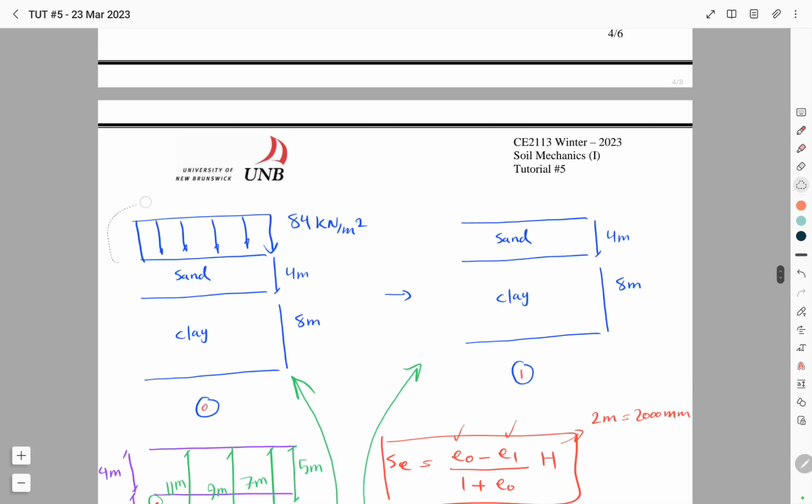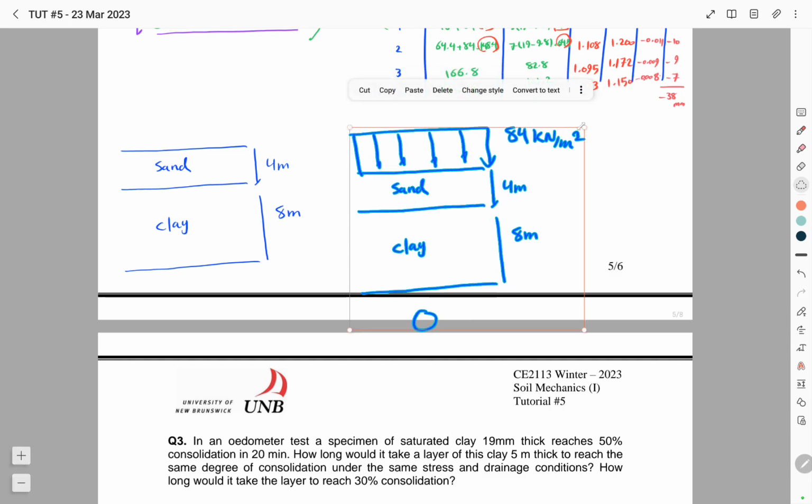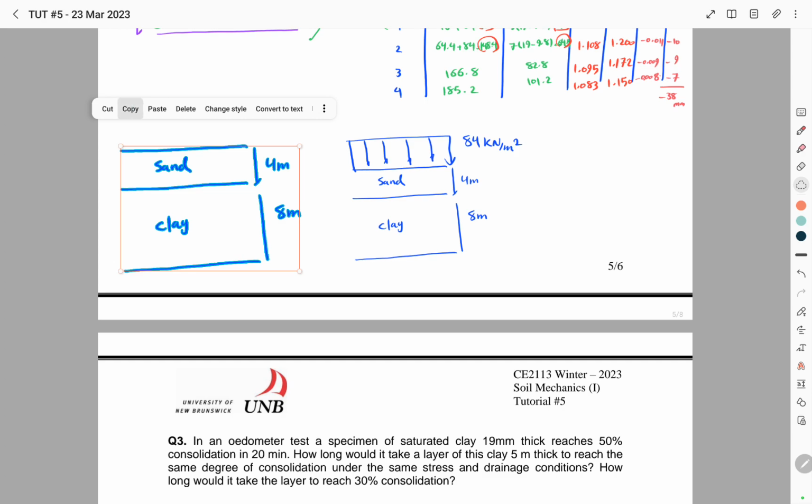Then we put this load on top of it. And then again the load was removed.